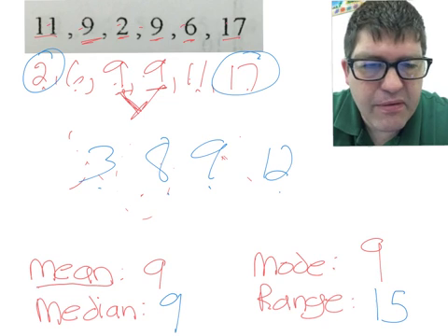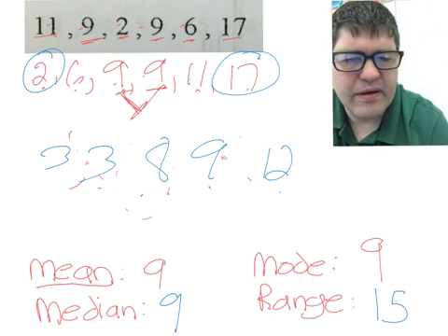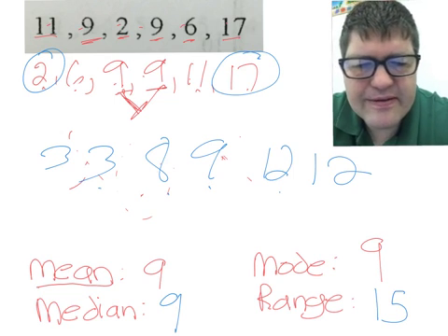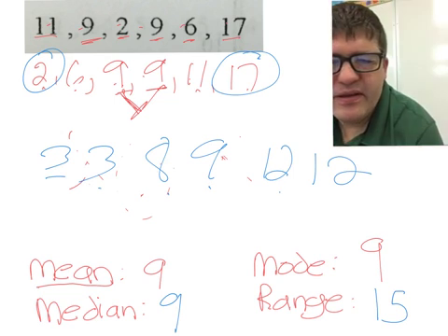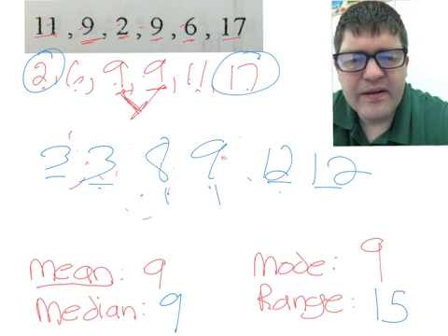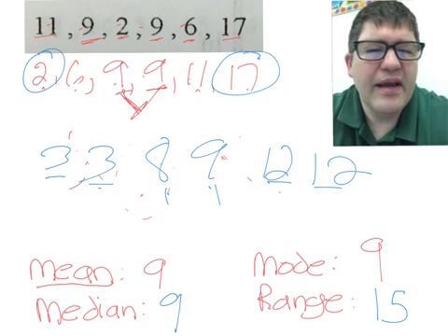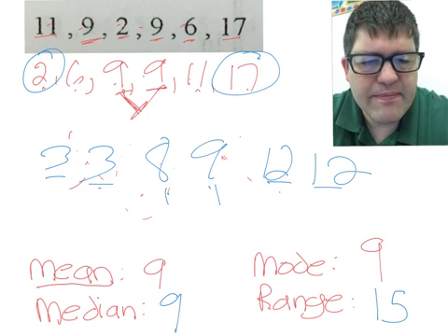So then you don't have a mode. There's no mode. Now, if you have something like this, 3, 3, 8, 9, 12, 12, these are used more than the 8 and 9. So your mode would be 3 and 12. You can have more than one mode. Okay?